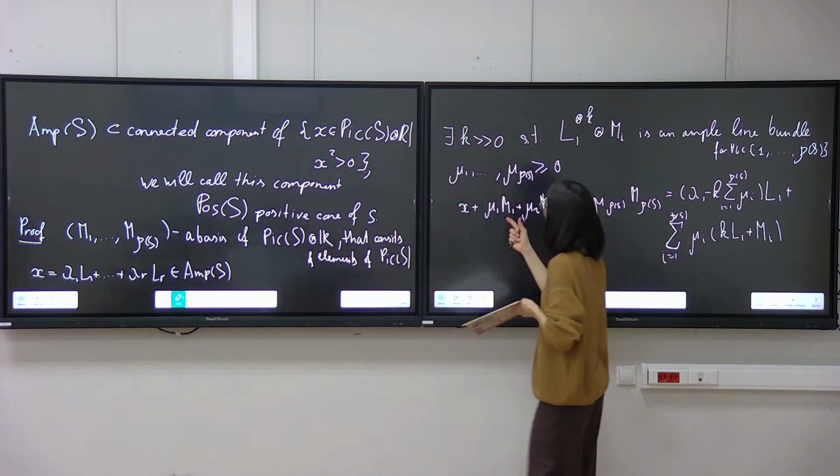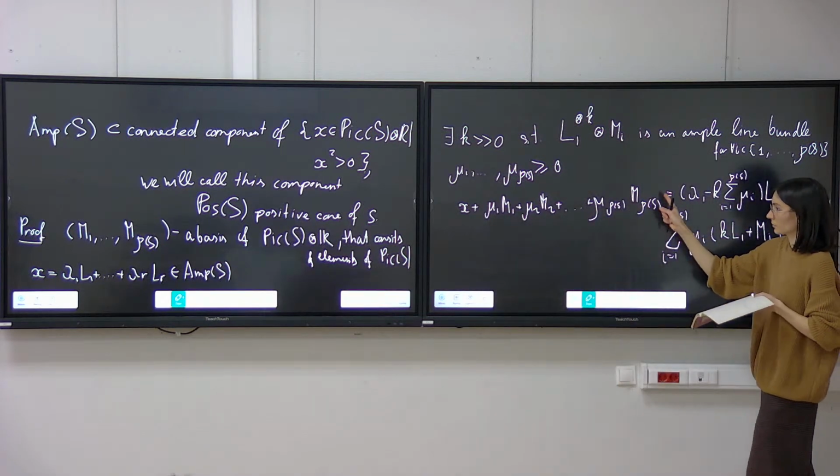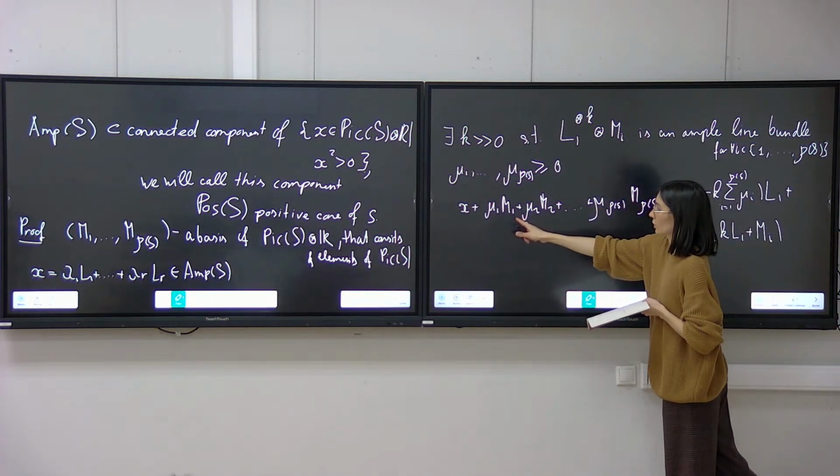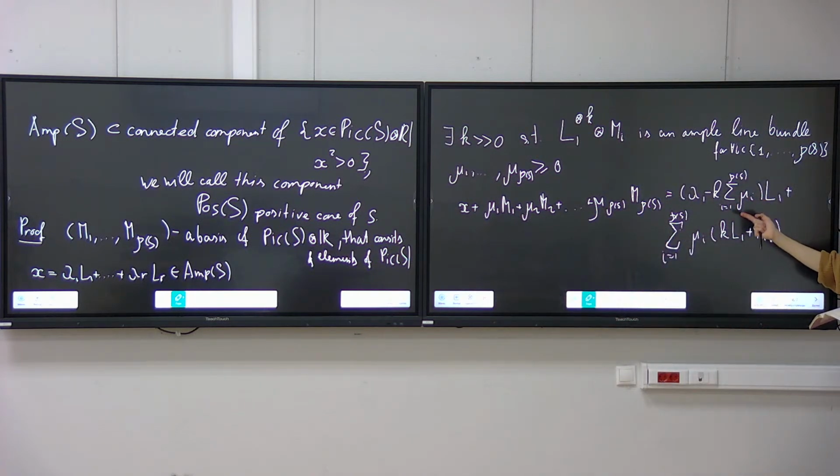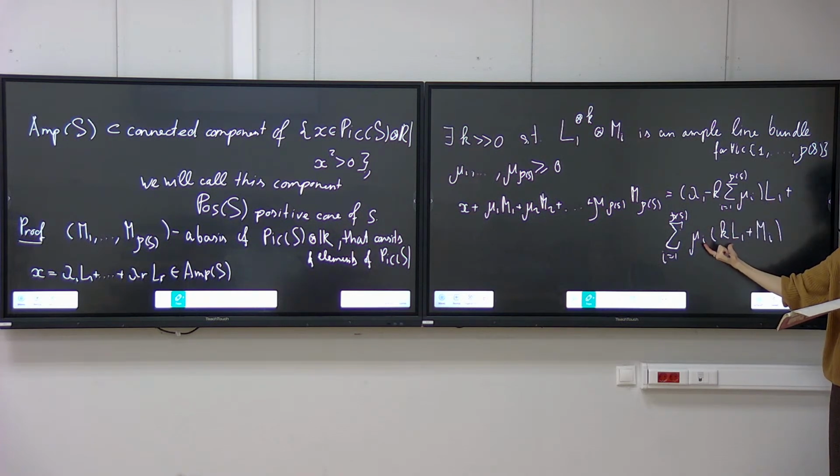We just added some linear combination of our bases, and then we write it in such a fancy way, just adding this sum here and taking with minus sign this sum, and here with plus sign.